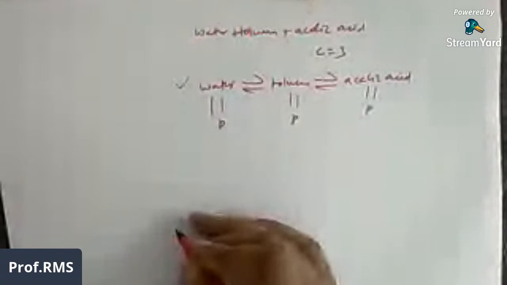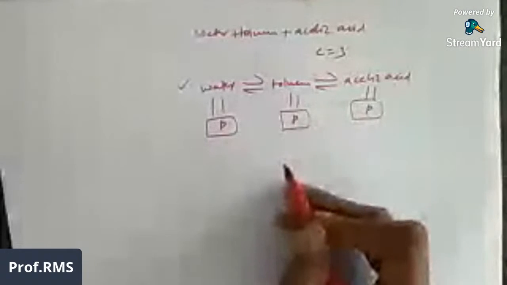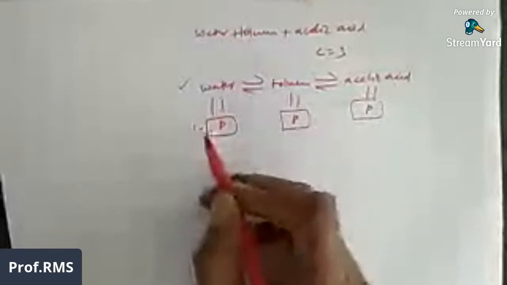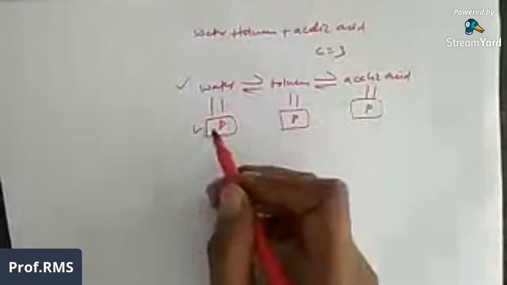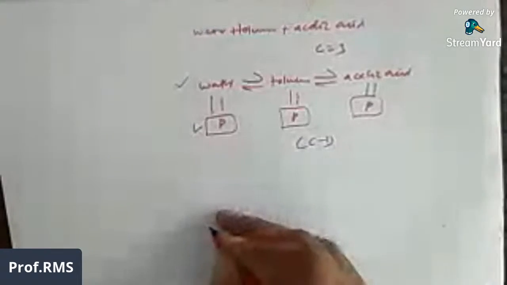If you want to determine the composition of each phase, what condition is necessary? Exactly, we need to determine the concentration of the components. How can we determine the concentration of components? Simply C minus 1.